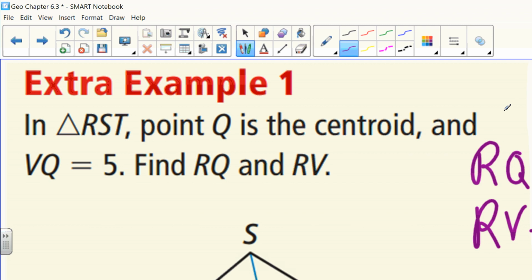And UT would be 15. Now the bigger side is always going to be going from the centroid to the angle. The smaller side will always be going from the centroid to the side length. Any other questions on this here before we look at the next one?